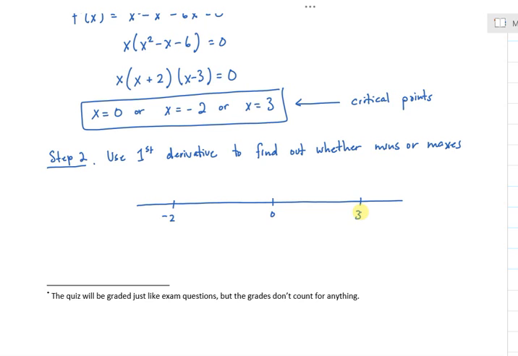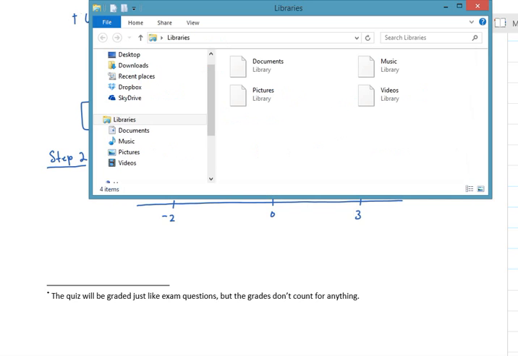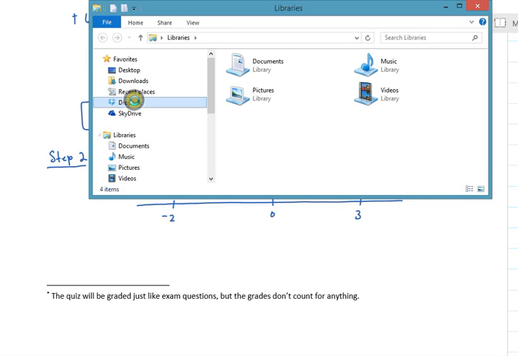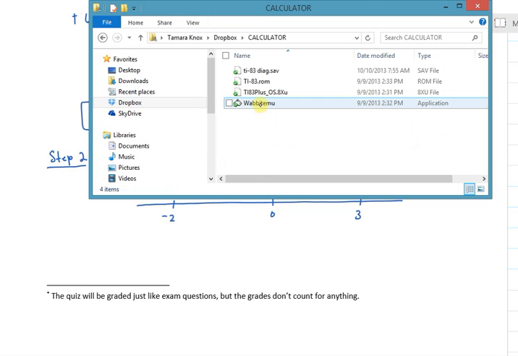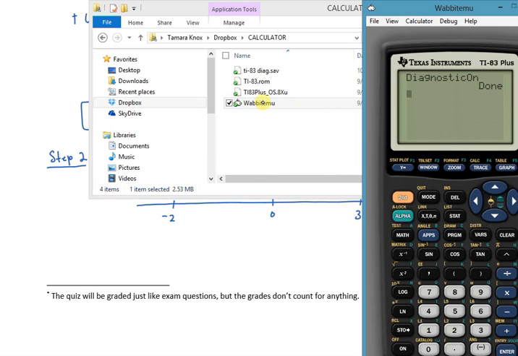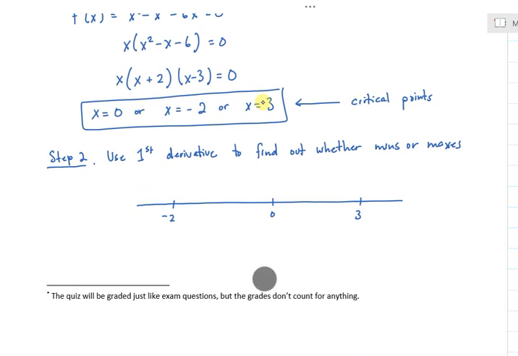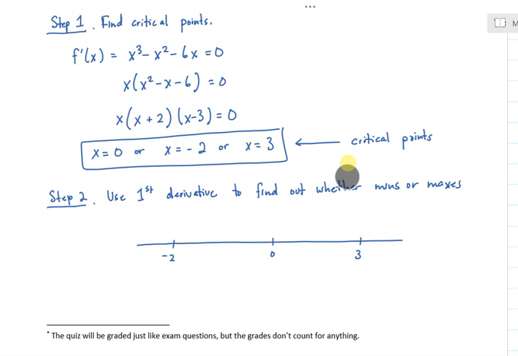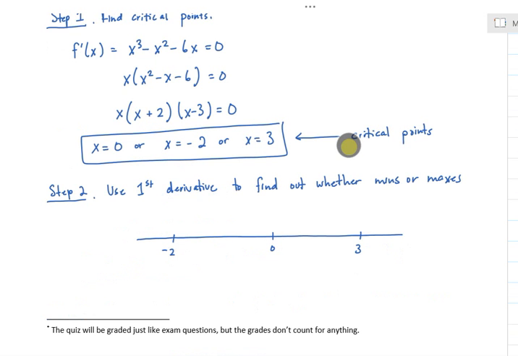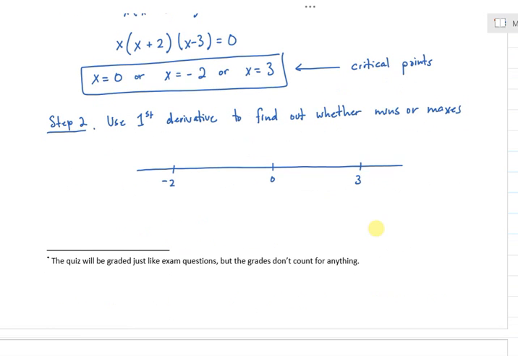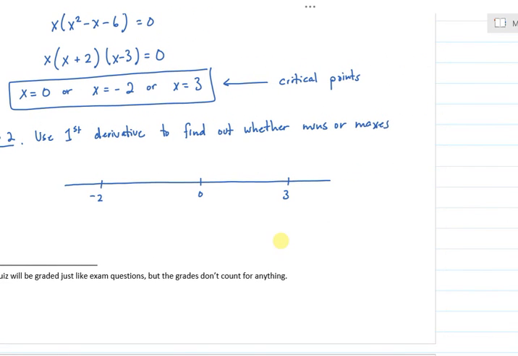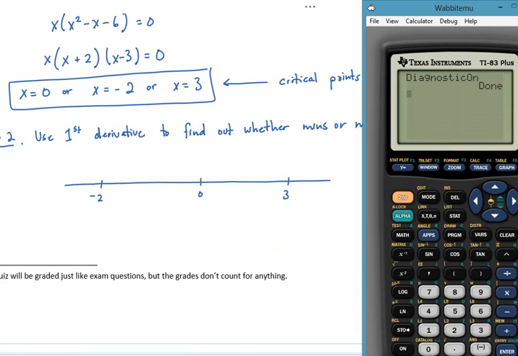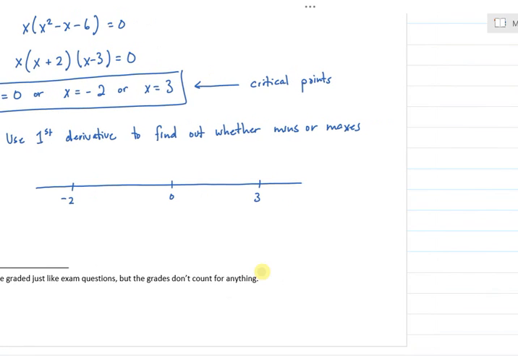Let me open a calculator. Oh, it's hard to see everything at the same time.